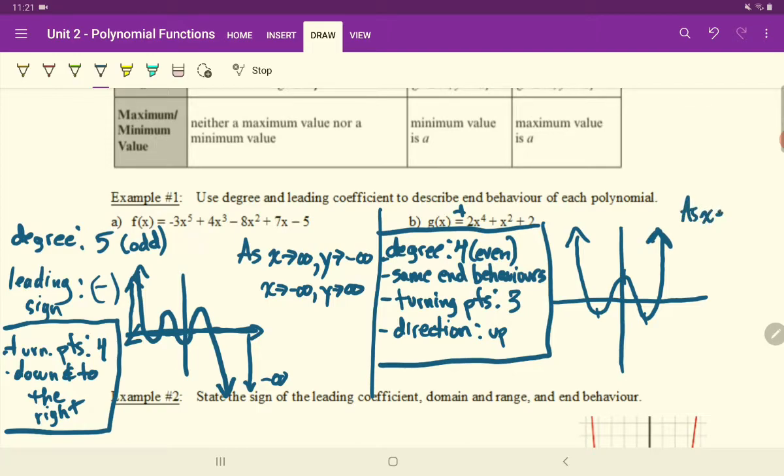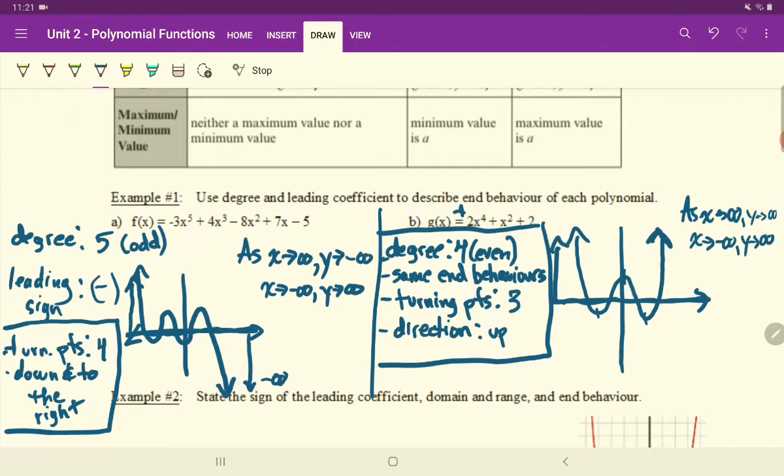As x approaches infinity, y approaches infinity as well. Okay, so as x approaches infinity, y approaches positive infinity as well. And as x approaches negative infinity, y also approaches positive infinity.